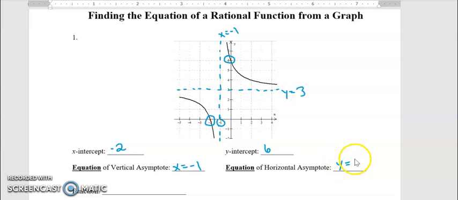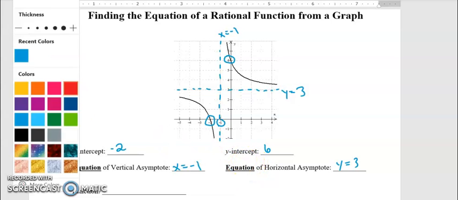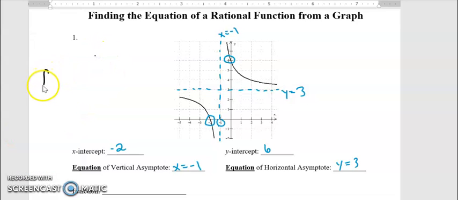Okay, so now we want to write the equation for the function with this graph. To do that, you have to think about where each of these features comes from in terms of the actual equation. I'm going to build the function right here.